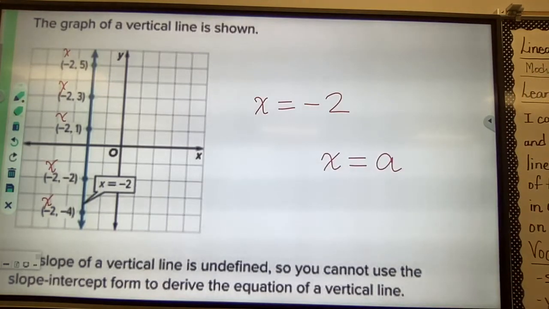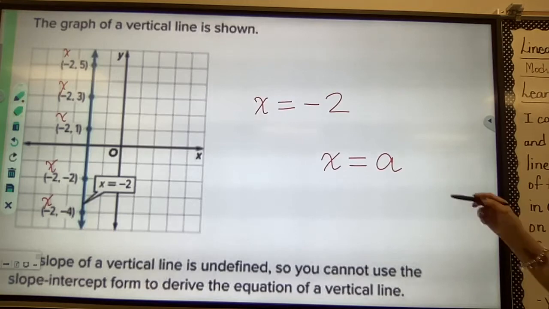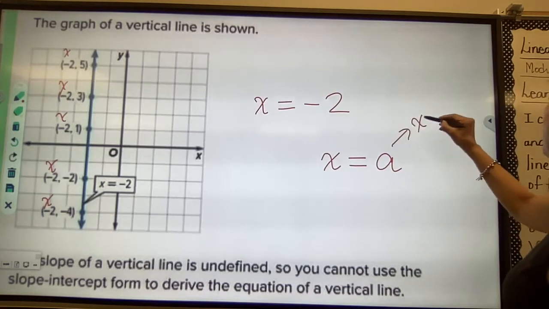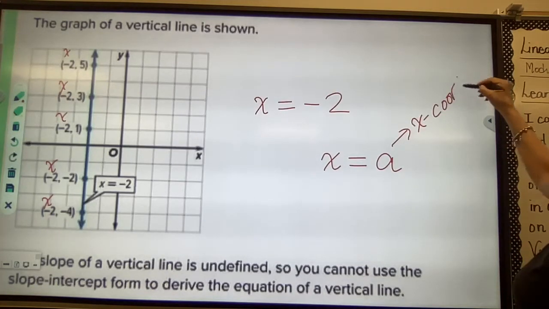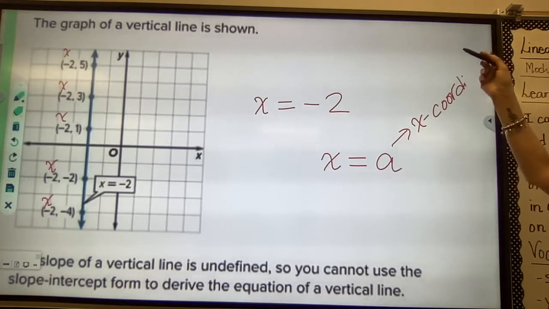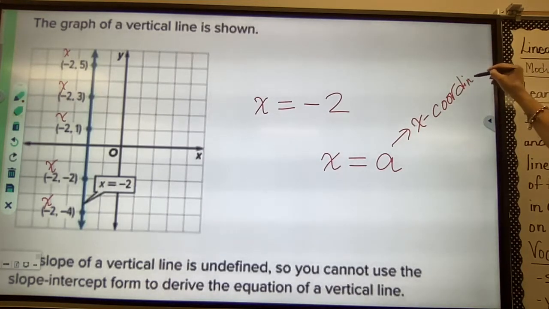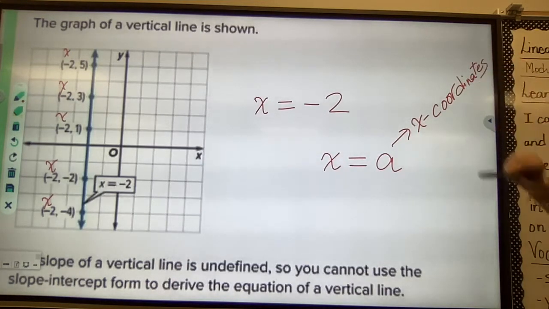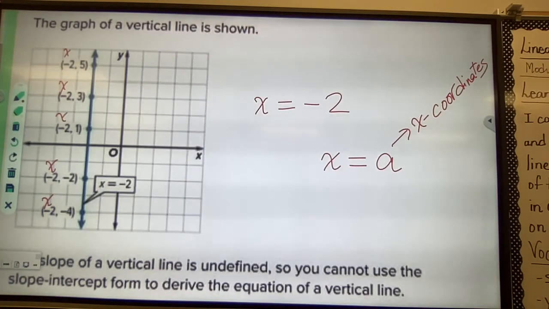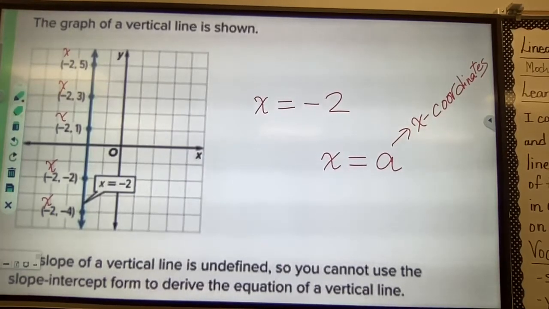So x = a, where a is the value of the x coordinates. So this is basically how you write this. The equation of any vertical line can be written in this format.